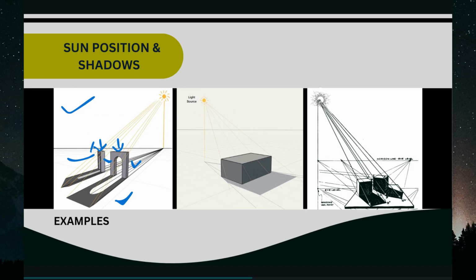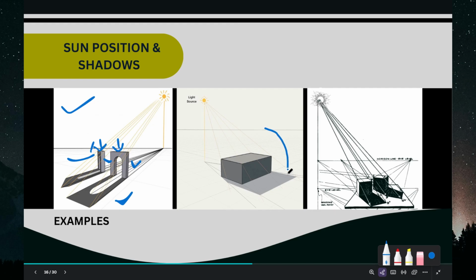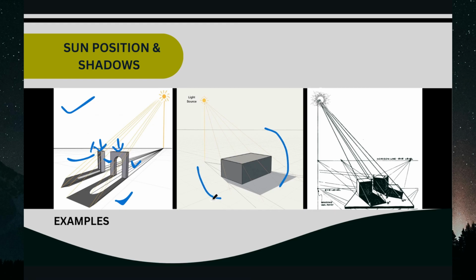The middle example is a good example. This is a cuboid, which can be anything, like a house or anything you can draw. You can see the lines coming out of the universal source of light and the baseline, which is an imaginary line. We draw these lines, and after that we convert the space to show the shadow.